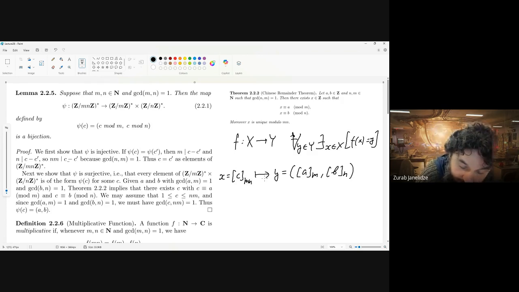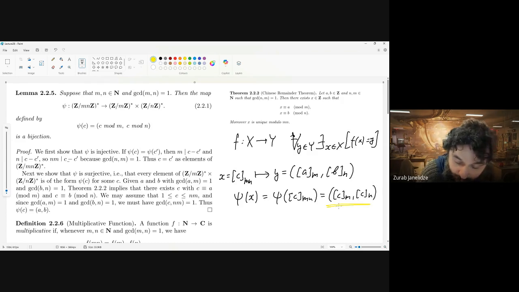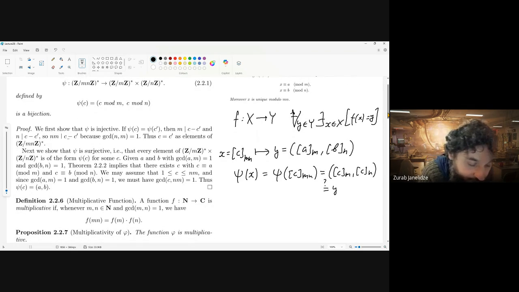And mapping to that Y means that when we apply psi to X, in other words, when we apply psi to the equivalence class of C, in other words, when we consider the ordered pair C modulo M, so the equivalence class of C under M and the equivalence class of C under N, that ordered pair has to coincide with that one, right? It needs to equal our Y. So let's write down what this means more explicitly.